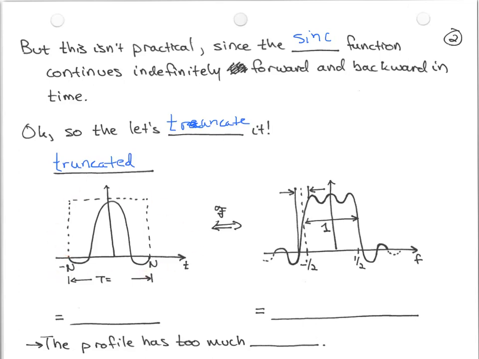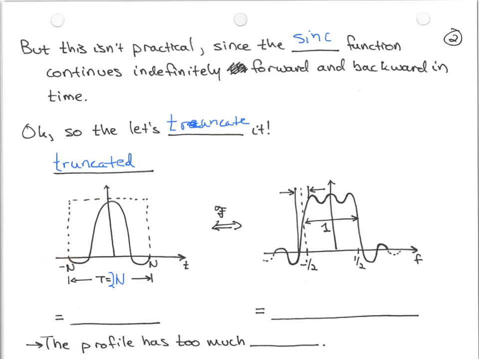The width at which you are truncating it, you could call arbitrarily 2N, since the function extends from minus N to N. Effectively, we have multiplied the sinc function with a rect function, a function that is 1 everywhere inside the times that we want, and 0 elsewhere.